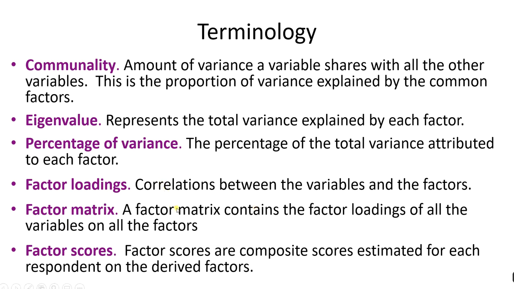Factor matrix, it contains the factor loading of all the variables on all the factors. So it is a matrix of factor loadings in which the factors are represented in columns and variables are represented in rows. And another term that I have not discussed, factor scores. Factor scores are composite scores estimated for each respondent on the derived factors.